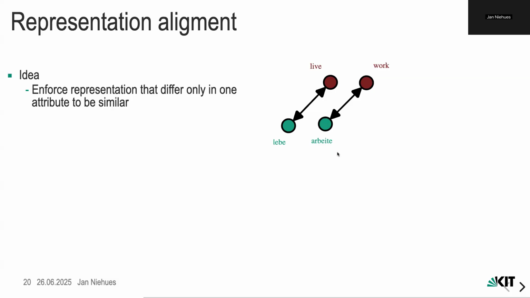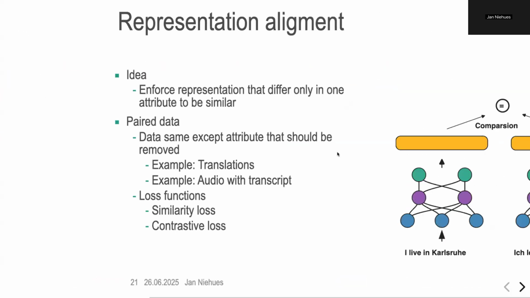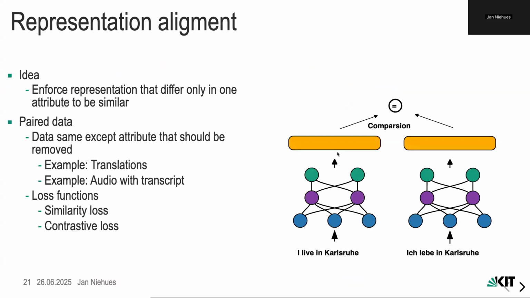So the question is, how can we do that? How can we make things more similar? Luckily that is quite easy in neural networks, given one restriction, that we have the right data. If we want to do this similarity-based alignment, what we need is paired data. We need data where these two things only differ in the one attribute that we want to remove.